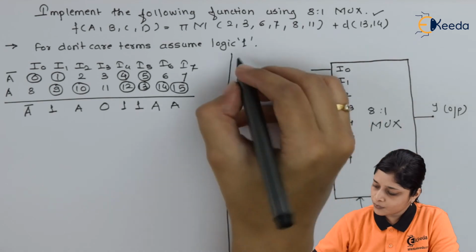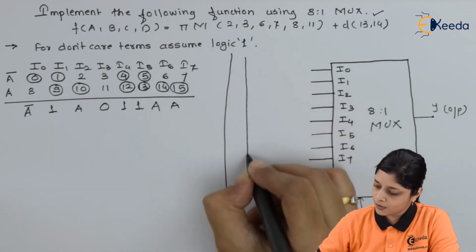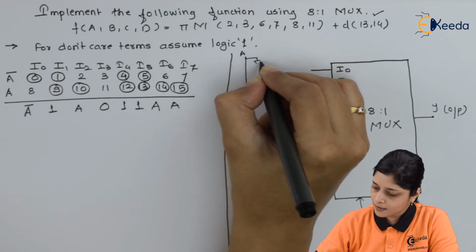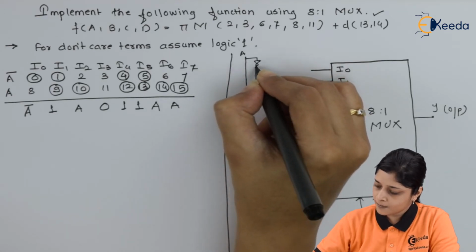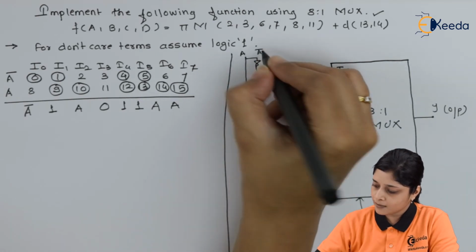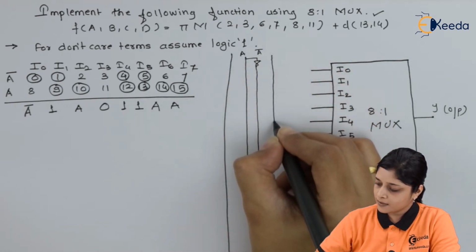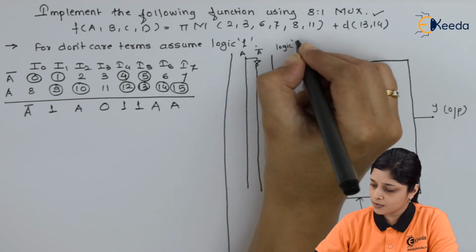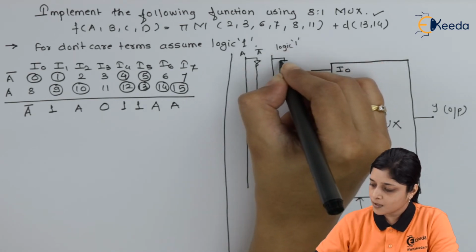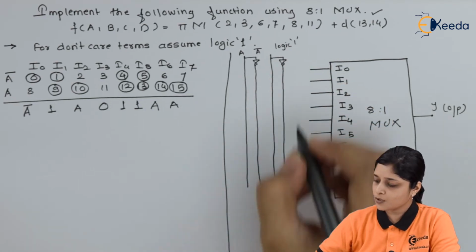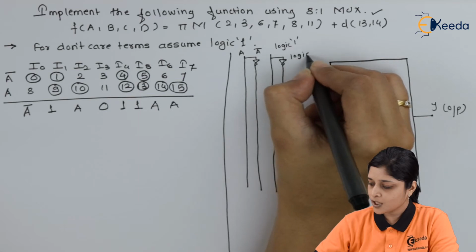Now you have to draw a line, after that a line for A bar, then this is the line corresponding to logic 1. After that this line corresponds to logic 0.